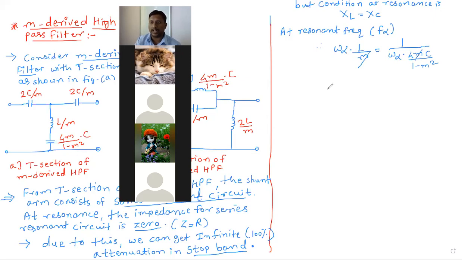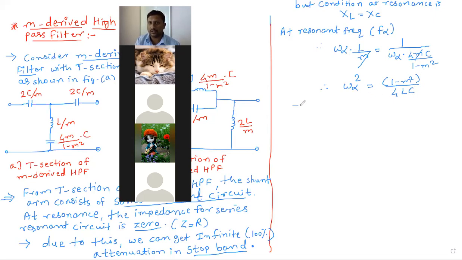Omega alpha into omega alpha on the left hand side becomes omega alpha square. L you can take to the right hand side, and 1 minus m square goes to the numerator, divided by 4LC, which remains. Omega alpha square is equal to 1 minus m square divided by 4LC.